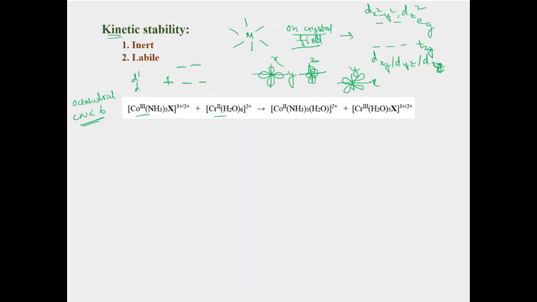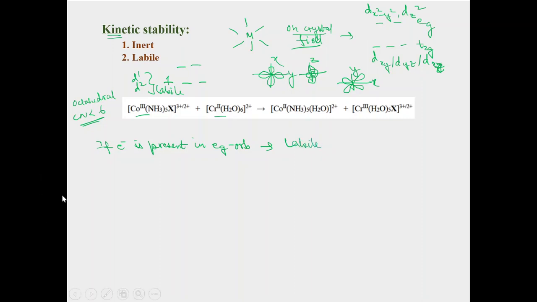So d1, d2, these two systems are labile in nature. And whenever an electron is present in the Eg orbital, that complex is labile in nature.